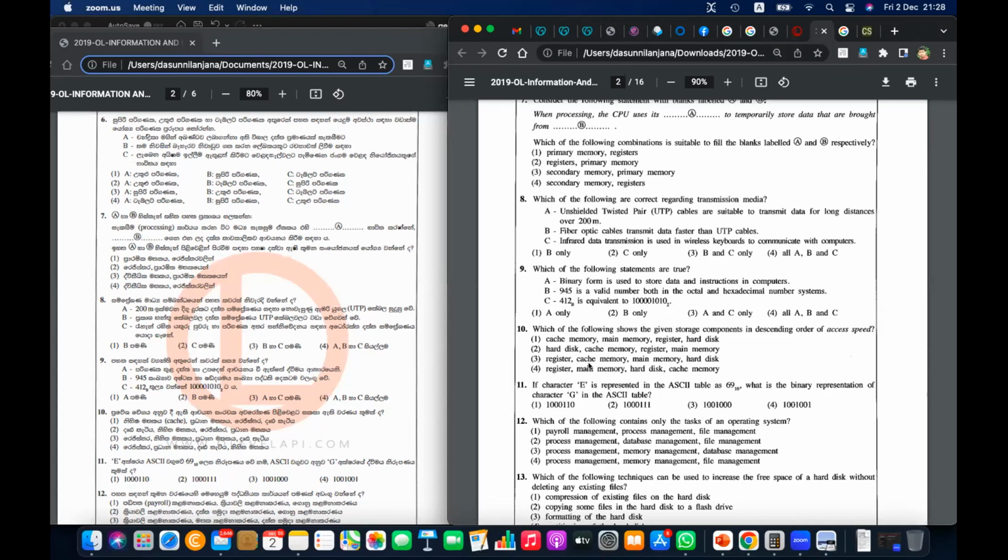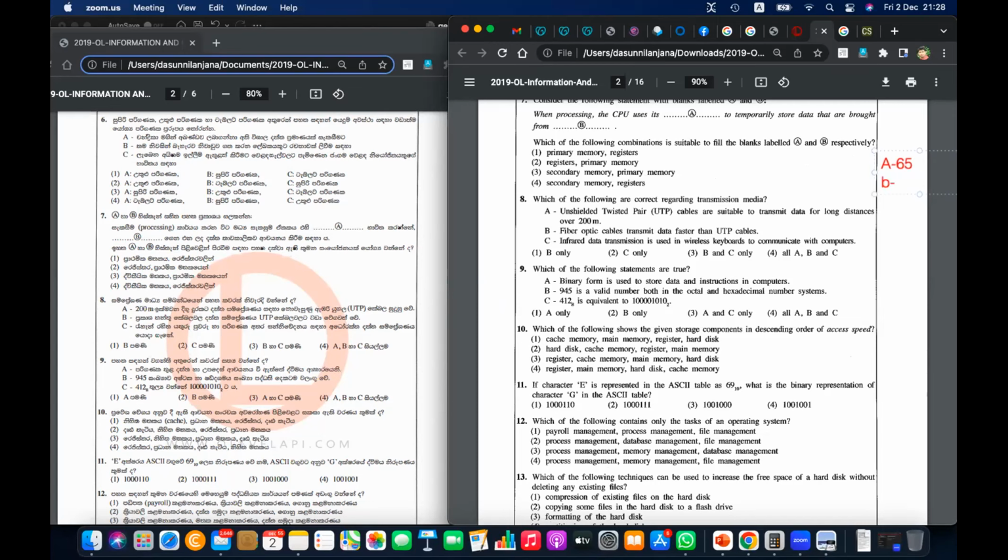Then, if character E is represented in ASCII 69, what is the binary representation of character G? ASCII values are going in order: A, B, C, D, E, F, G. Normally A is 65, but we don't need that because E is given.